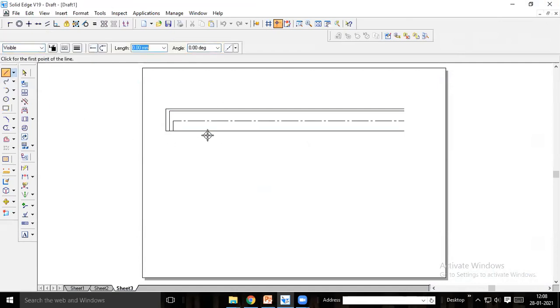Take a visible line. From here, I am going to start 0.3707 times 40. That is the formula. Then you need to draw this profile.